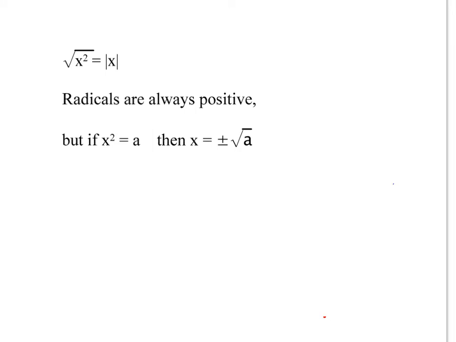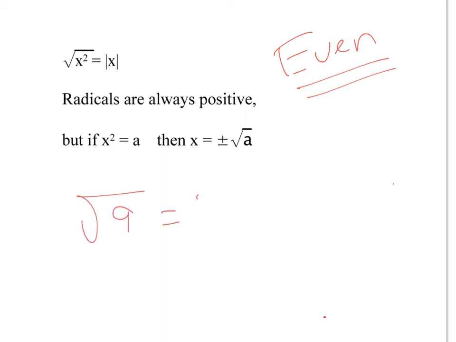Just so you know, this is okay for even radicals only. If the index is an even number, like a square root, the radical itself is always positive. So the square root of 9 is equal to 3.